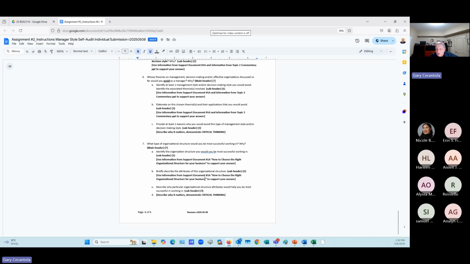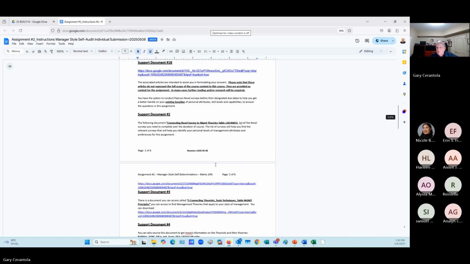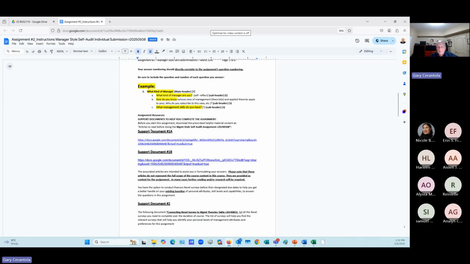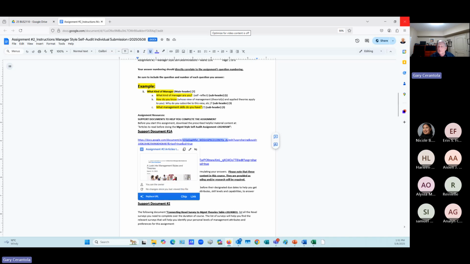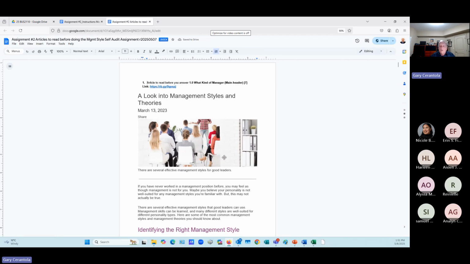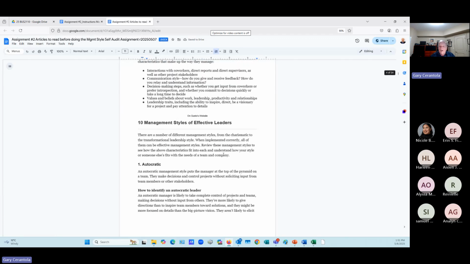So let's go to support document 1A. Okay, so there's support document 1A, and then I will go to the link on this. I don't know if I can do that. No, okay. Then you need to go all the way down in this document to find that title.